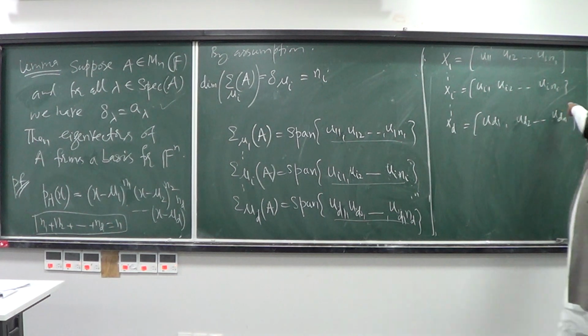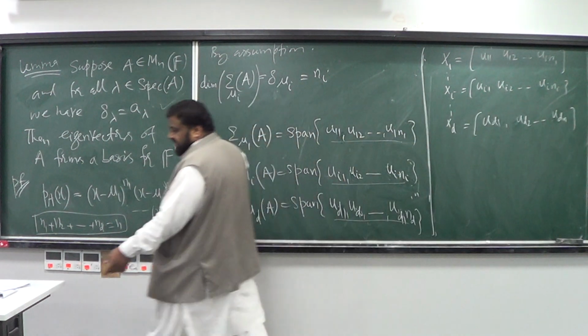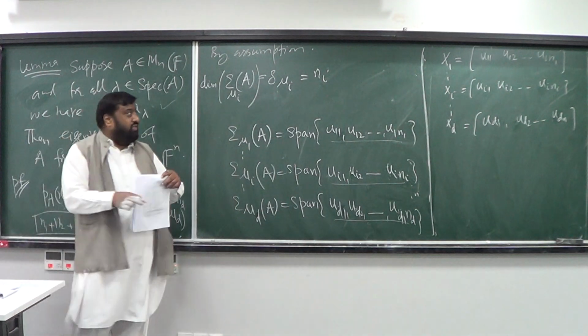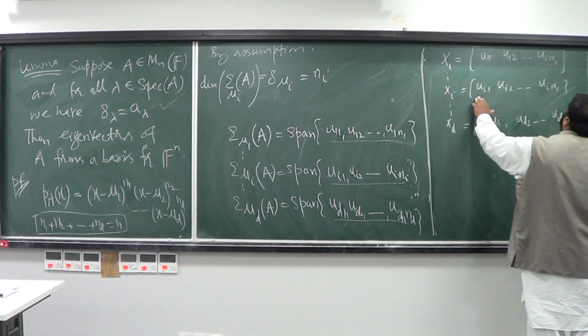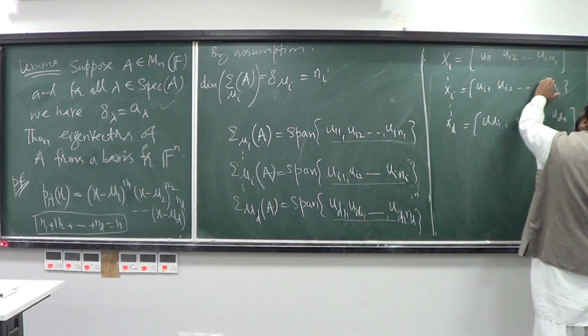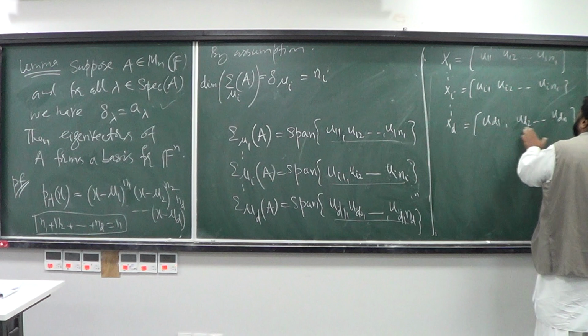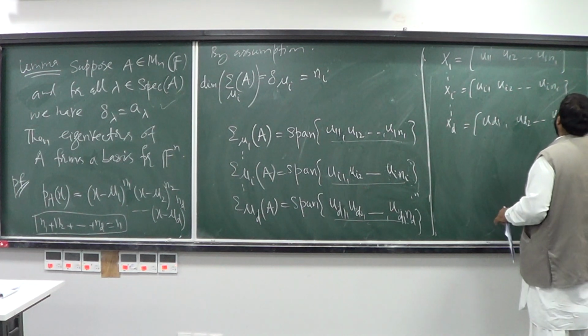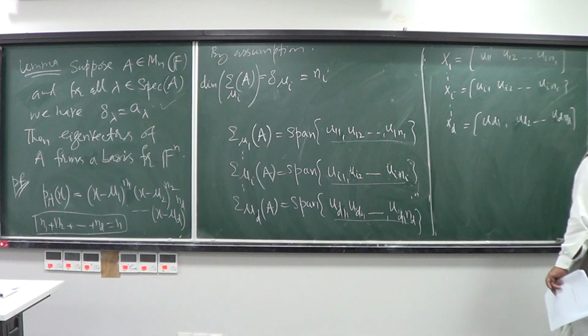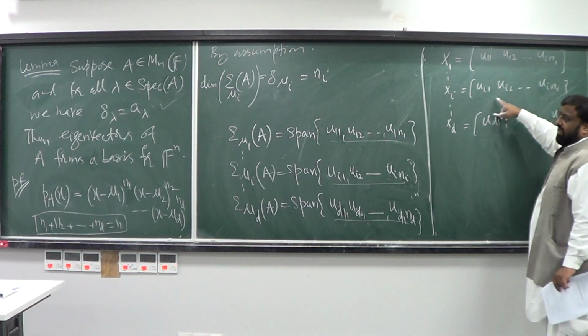What would be the order of each one of these matrices? So they have how many columns? This has n1 columns, this has ni columns, this has nd columns. And you know how many rows?